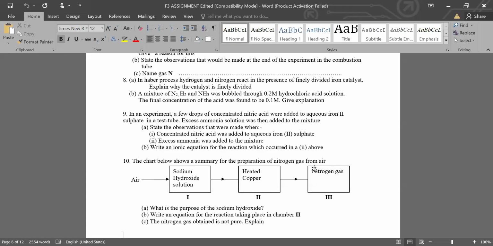Then the other question is asking whether and why the nitrogen is not pure. Definitely it is not pure because it may be having noble gases, e.g. argon. It has got argon because argon, the noble gas, has not been removed in the process.